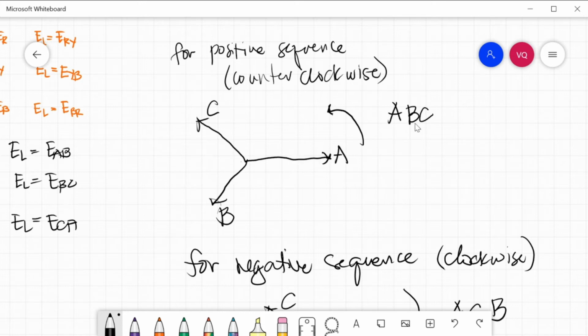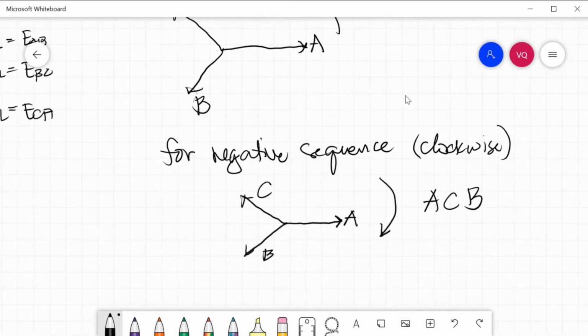You will have C. Again, at initial reference, we will have A, which is angle 0. Next one is B. It will rotate 120 degrees after A, and then C, 240 degrees after B.